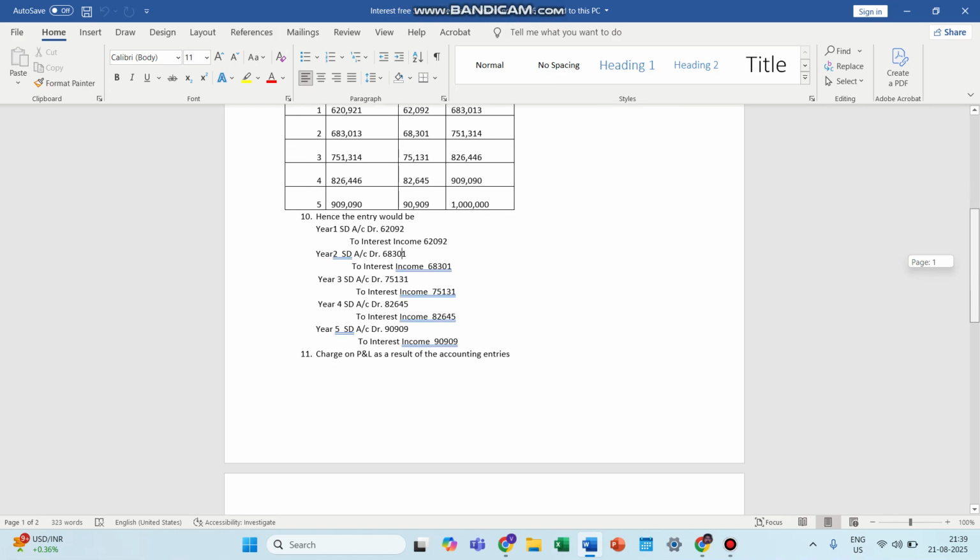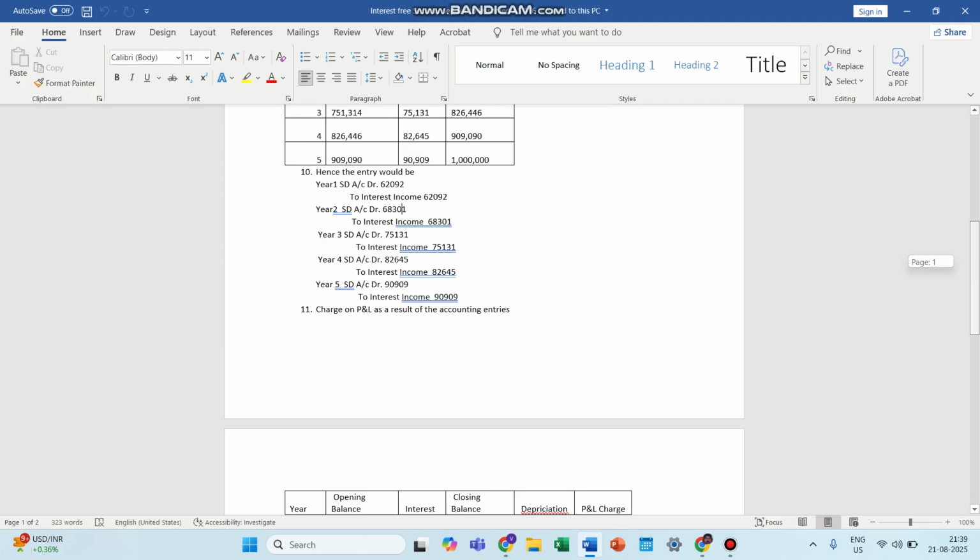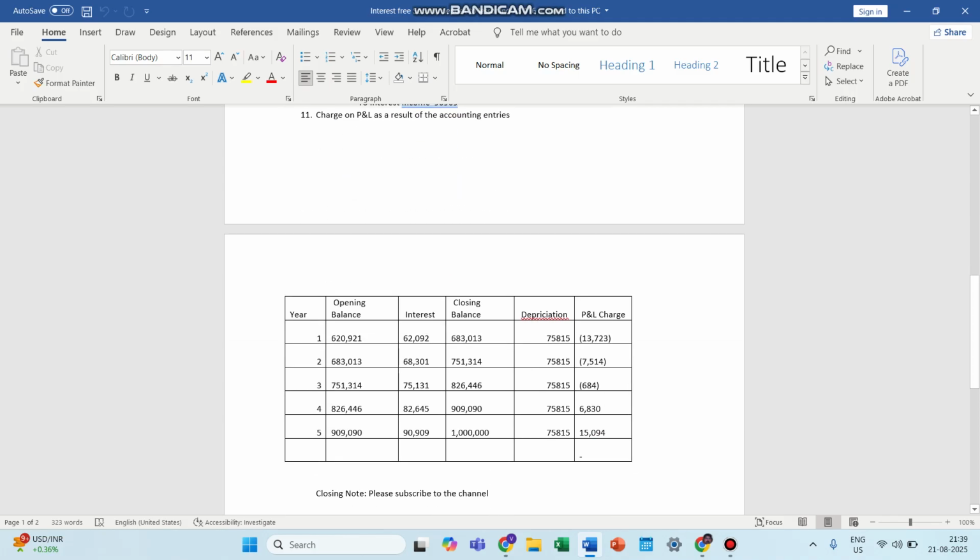So how the charge in P&L would take place as a result of these accounting entries. Now we see that the interest is 62092 and depreciation is 75815 in the year 1. So there will be an additional charge of 13723 in the year 1.